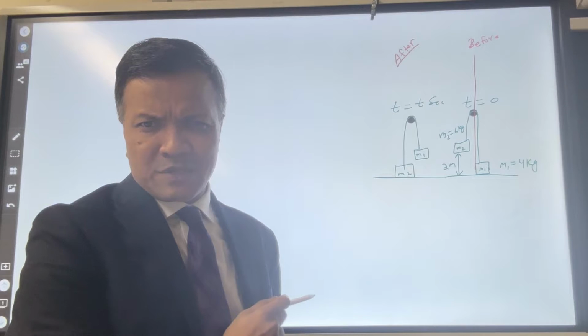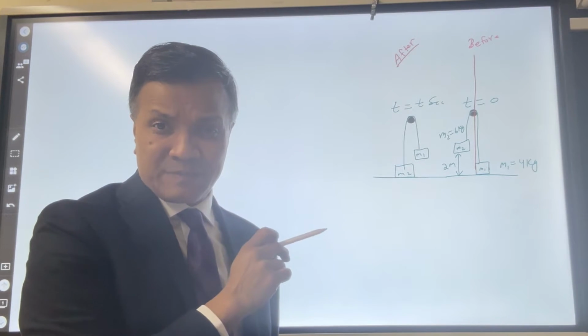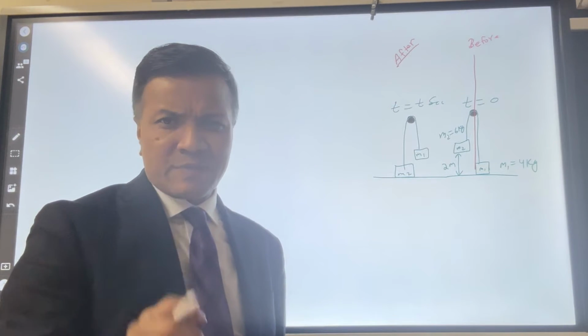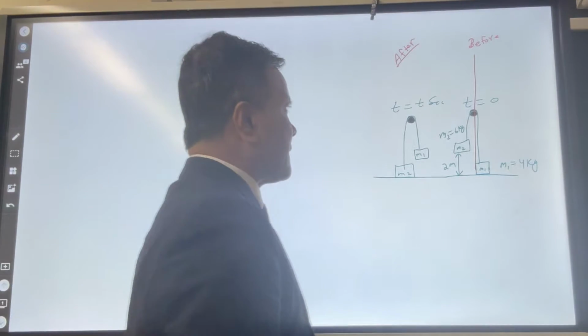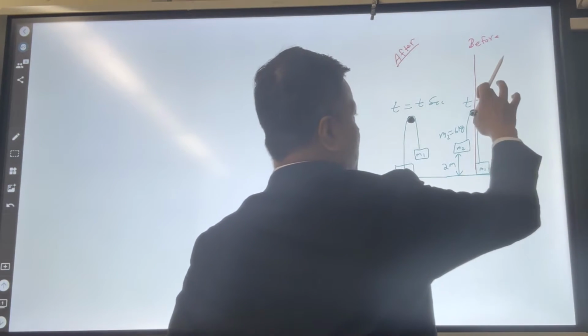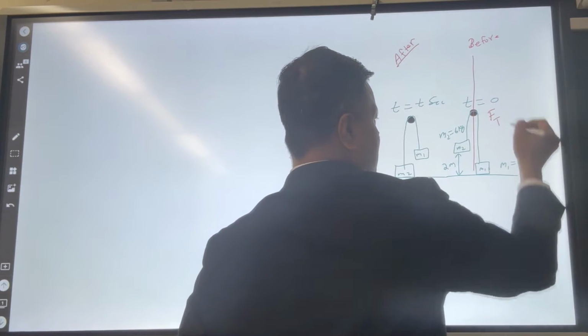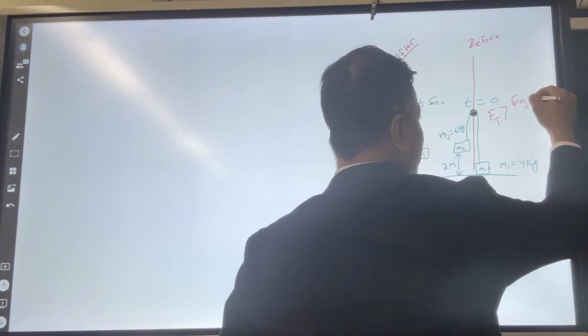By the way, conservation of momentum will not hold over here because this is not a closed system. This is one of the examples where the conservation of momentum will not hold because this is not a closed system. Okay, so we're gonna cut this in half. If we do cut this in half, we're gonna say tension force is more than force due to gravity.